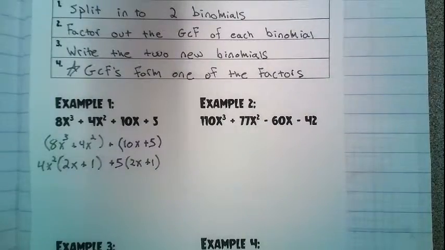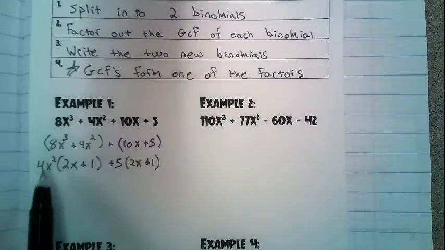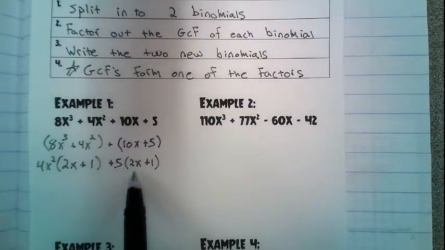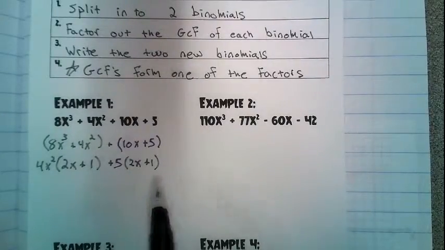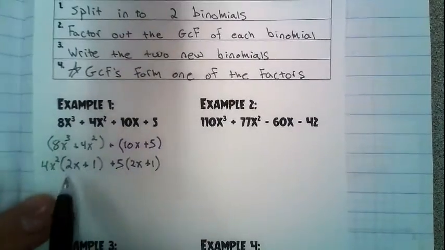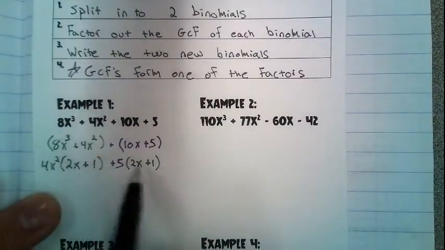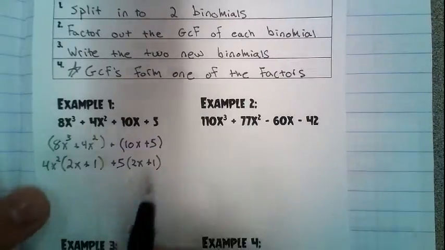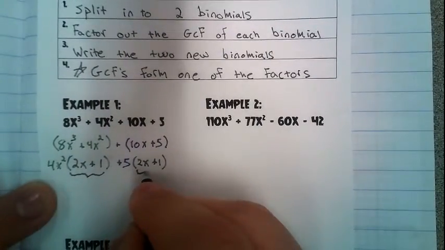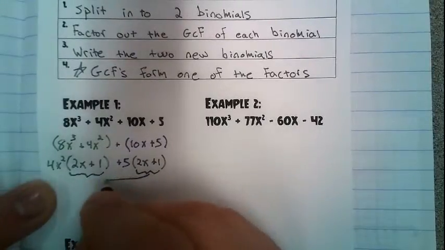Now look what happened. I have 4x squared times 2x plus 1, and I have positive 5 times 2x plus 1. One way to think about this is I have another greatest common factor: my common factor is the 2x plus 1. They both have a 2x plus 1, so I can take this out of both of them.